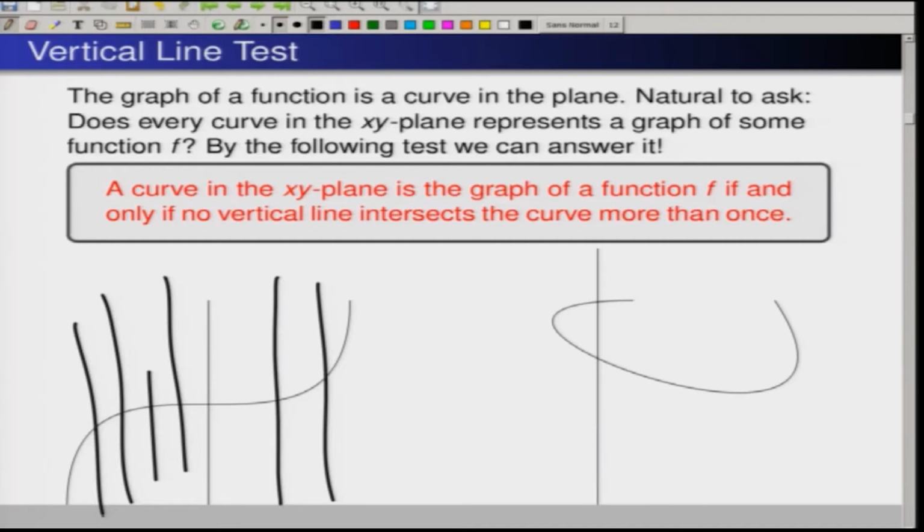However, in contrast to this, if I have a curve like this, then this vertical line is going to cut it more than once. So, this cannot be the graph of a function f, whereas this is.